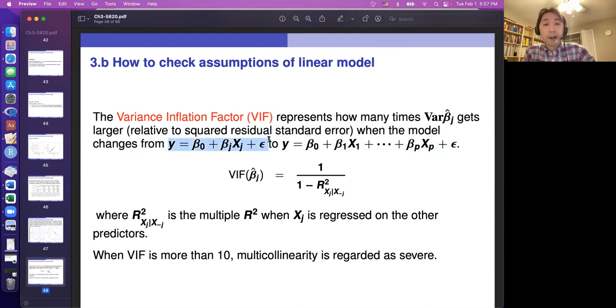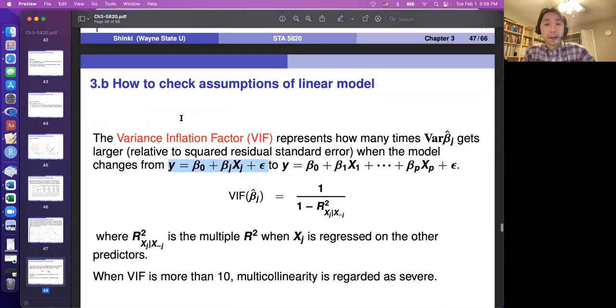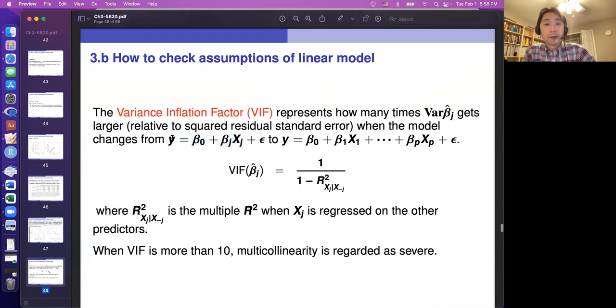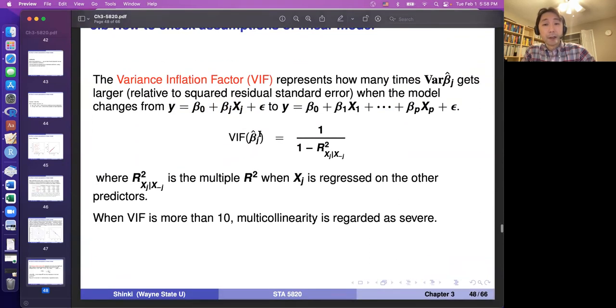Maybe xj is the credit limit, so we just fit balance on limit. And the other one, we have many other factors, the age or credit score and so on. In such a case, the impact of one variable gets smaller and it becomes much less significant. So we want to see how much variance was inflated.